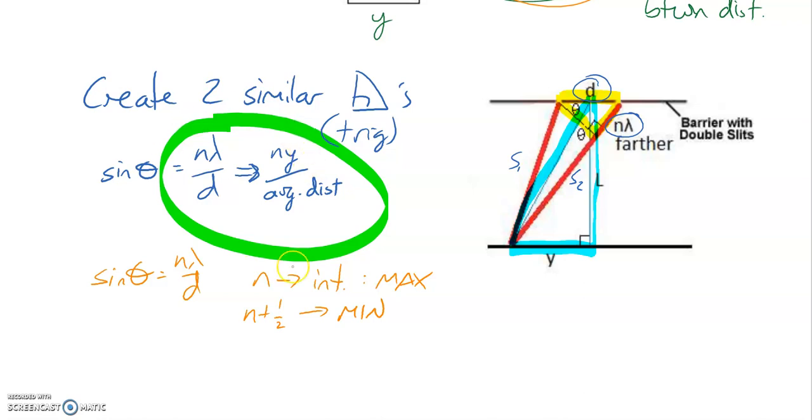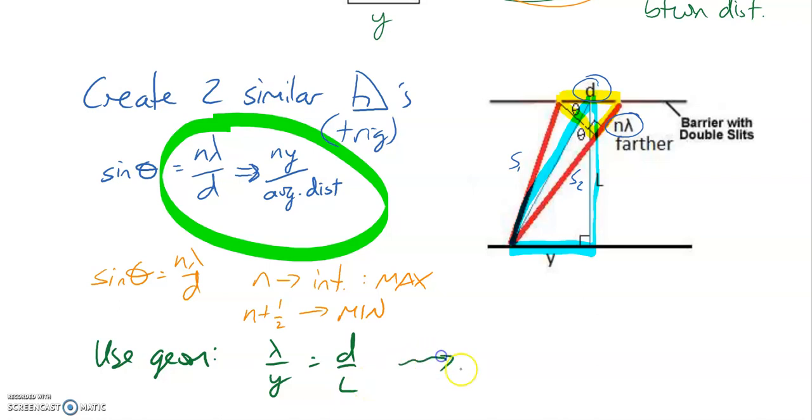Now, if we start connecting the other stuff highlighted in green over there, using some geometry that we're not going to get into, you get a nice ratio where lambda over y is equal to d over L. That's just geometry derivation we're not really going to get into.